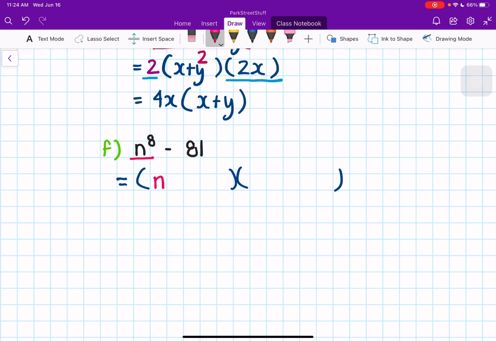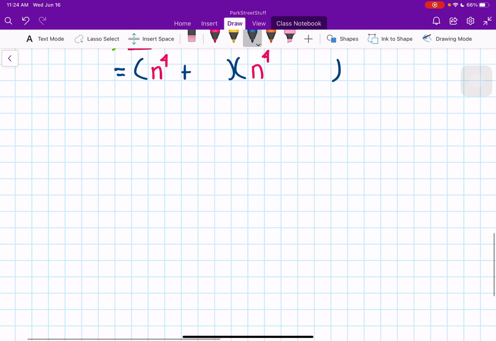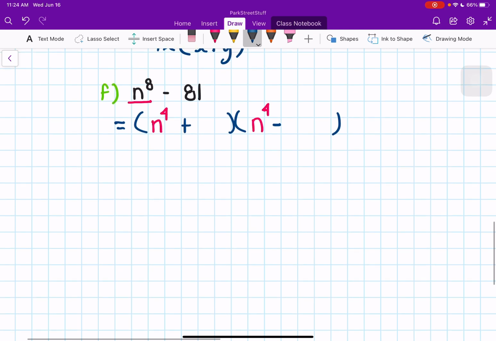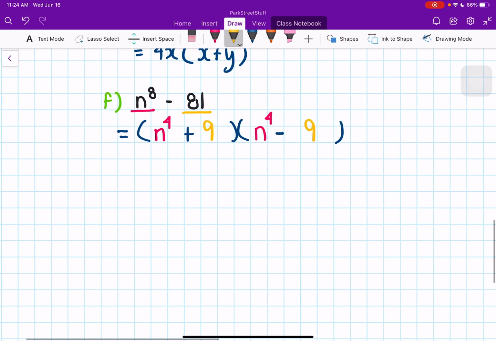So that becomes n to the power 4, and we have n to the power 4. We are going to say plus and minus. And then we're going to take our second term, which is 81. And that becomes 9 and 9.